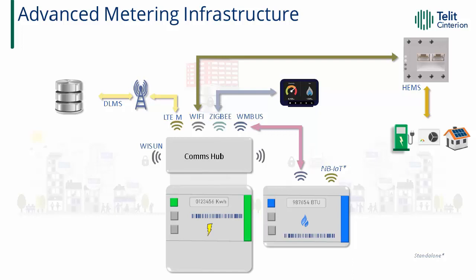You need a strategy to separate the comms from the metering hardware, or the legal part, if you like, from the communications part. And also you need a reliable, long-term, and rollout-specific means for backhaul to the head-end system. And this often uses multiple RF technologies. And here I draw a comms hub, but it's not always the case that there is a separate comms hub. Often the communications, along with the RF complexity, is encased within the main meter, often as a separate comms board with an integral antenna.